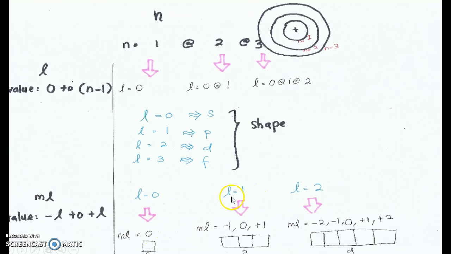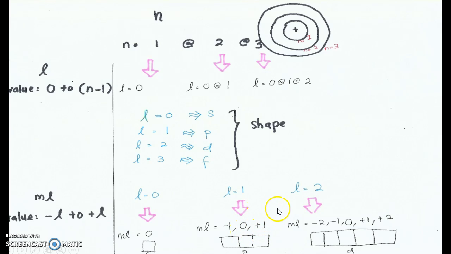If l equal to 1, ml is negative 1, 0, and plus 1. Why does this happen? Because ml must lie from negative l to positive l. So for l equal to 1, ml is negative 1, then 0, and after 0 is positive 1.